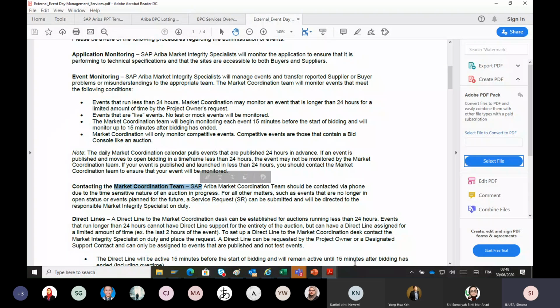Okay, this means you have the SAP Ariba market coordination team who will be actually monitoring your auction. They should be contacted via phone due to the time-sensitive nature of an auction in progress.